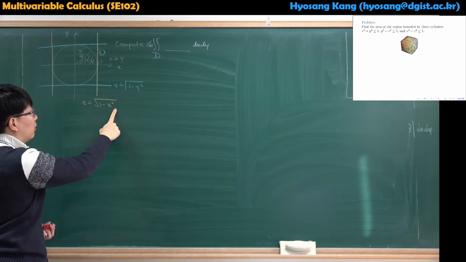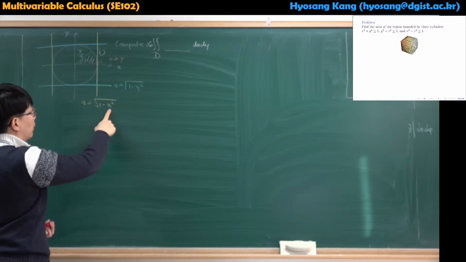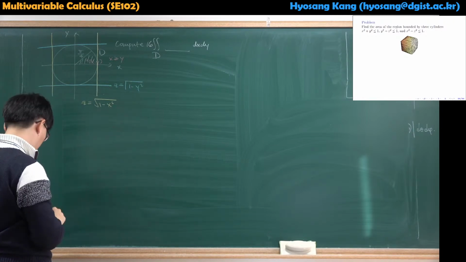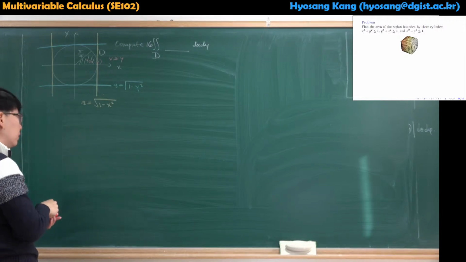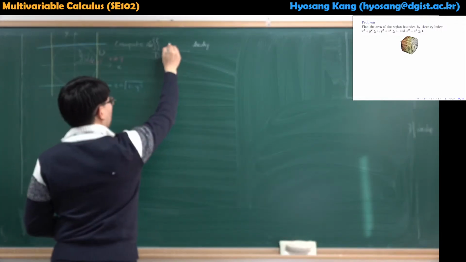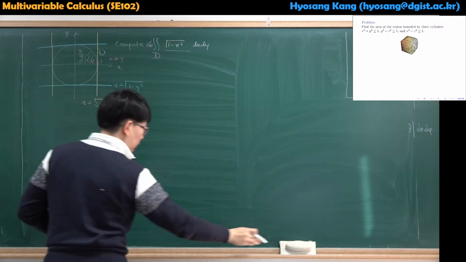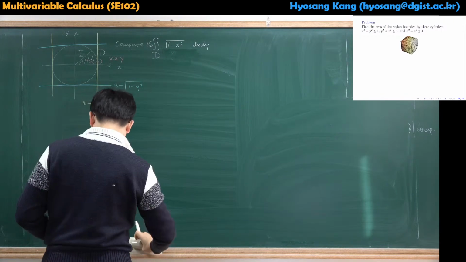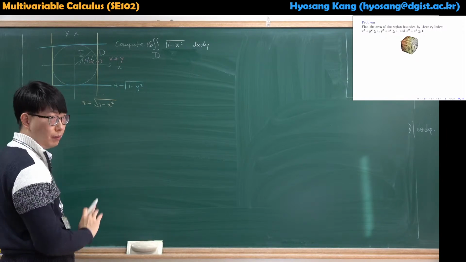This one is smaller. Since x is bigger than y, 1 minus x squared is smaller than 1 minus y squared. So I have to take this one as the height of this area, the square root of 1 minus x squared, and then compute this. That makes sense?